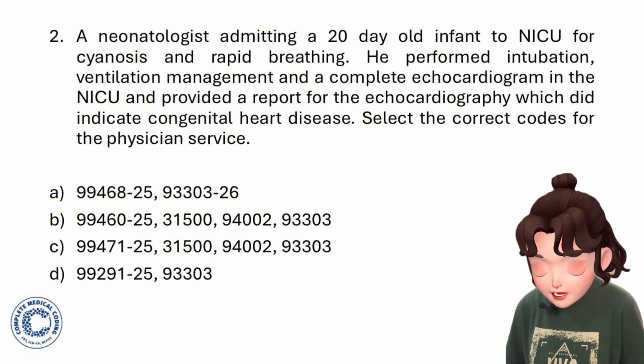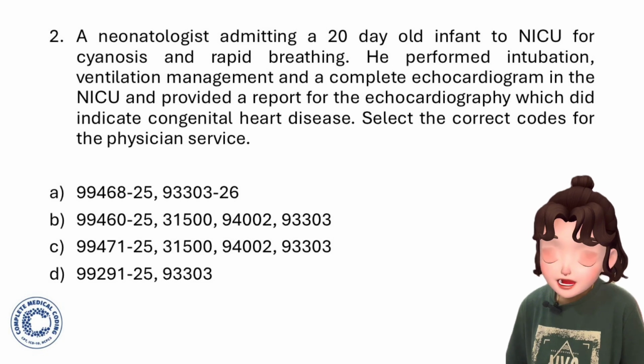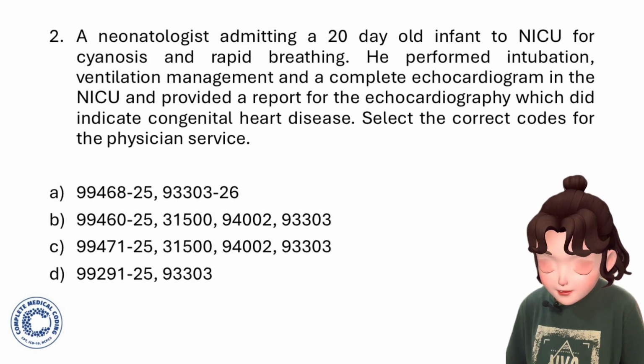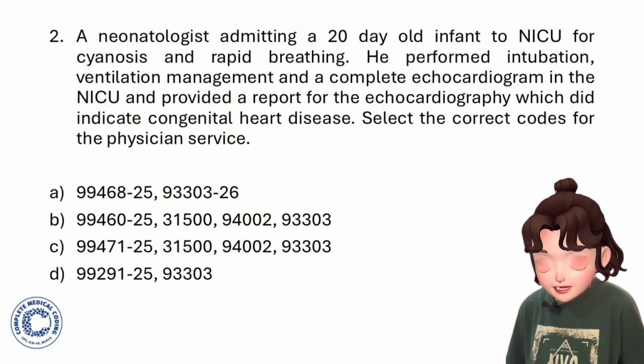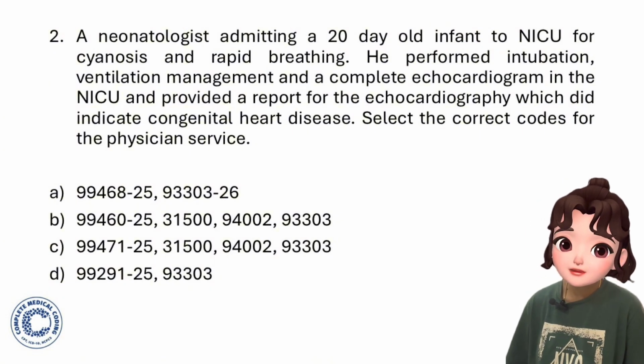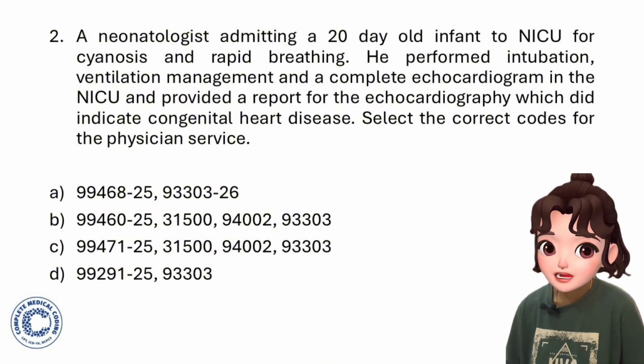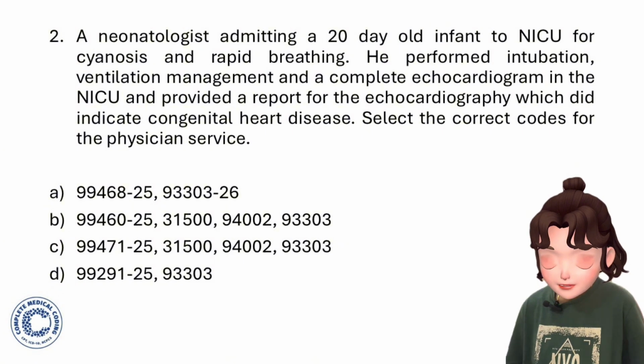99471 is initial inpatient pediatric critical care per day for the evaluation and management of a critically ill infant, 29 days through 24 months of age. So from 29 days till 2 years of age. This is 20 days, so that is also the wrong code. Now 99291. What is 99291?